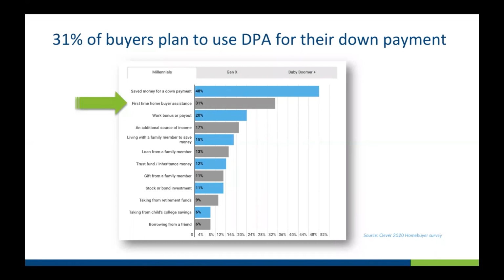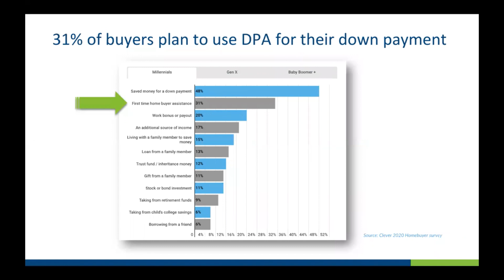And look at some of the other alternatives: additional income, bonuses, family members, loan from a family member, trust fund, inheritance, gift from a family member, retirement or non-liquid assets. Using down payment assistance programs was the second most popular answer among millennials, and a big portion of them indicated that that's where they intended to or expected to receive their down payment.